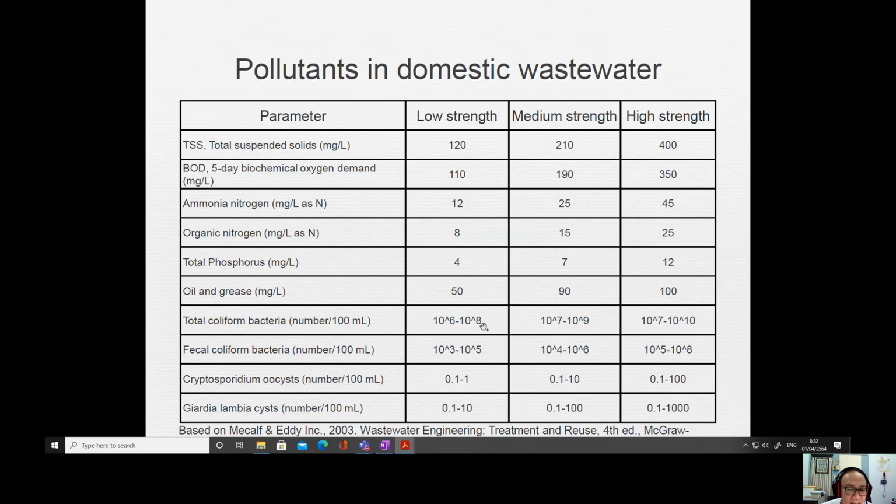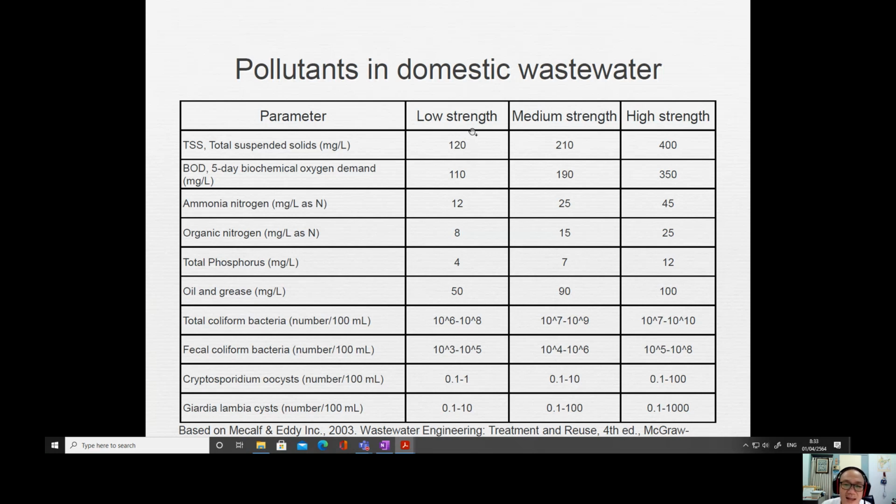So this is the number of cells that can be found in the low strength wastewater. So fecal coliform bacteria is a subgroup of the coliform bacteria. The number that we normally find is smaller than the total coliform bacteria, in both low strength and high strength wastewater.